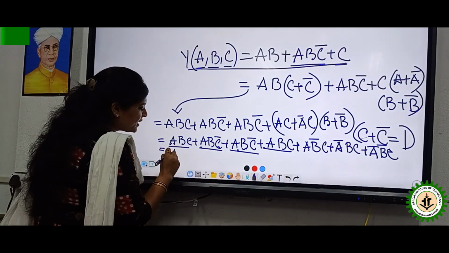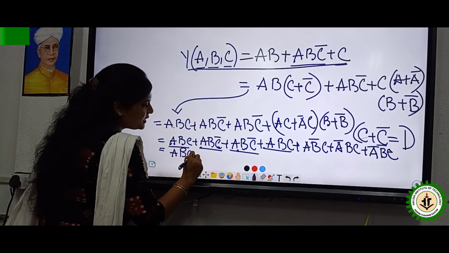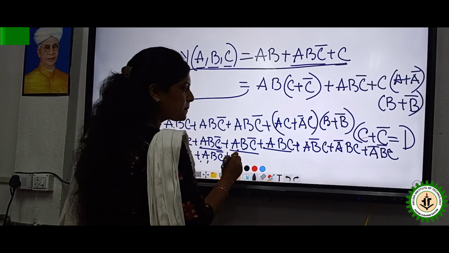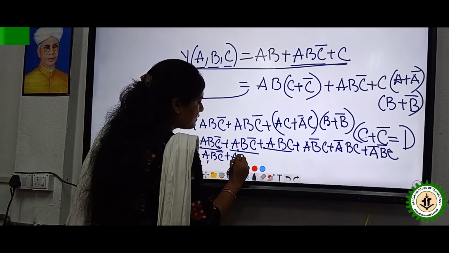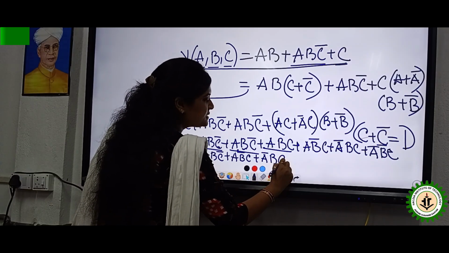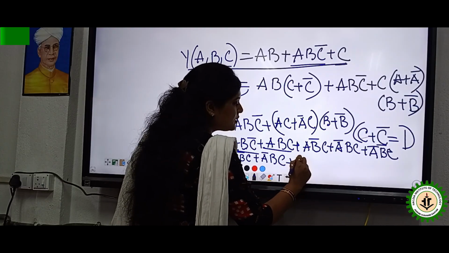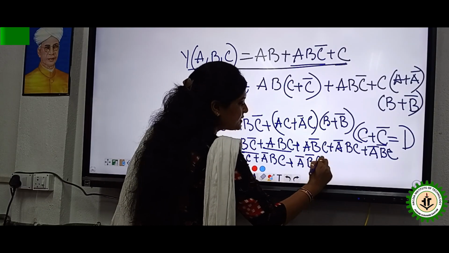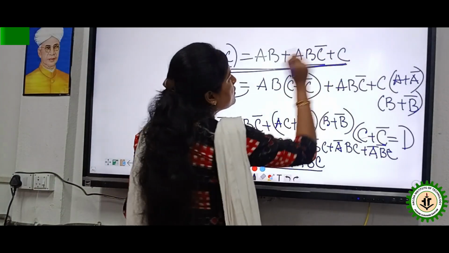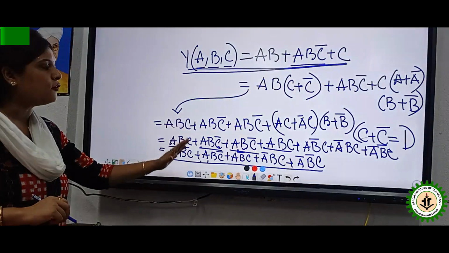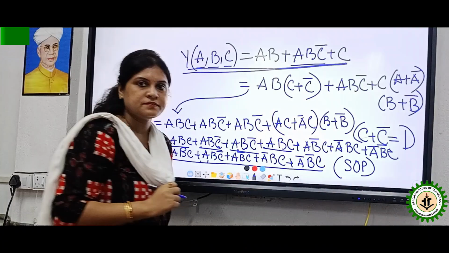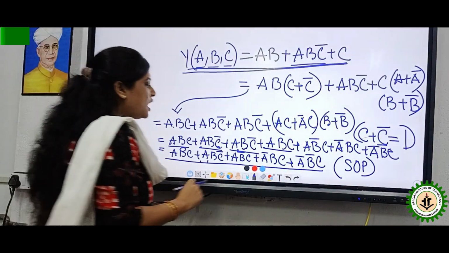Now in short we can write ABC plus ABC complement plus AB complement C plus A complement BC plus A complement B complement C. So this is the final canonical form of this logical expression, and this is obviously in terms of SOP. Fine.